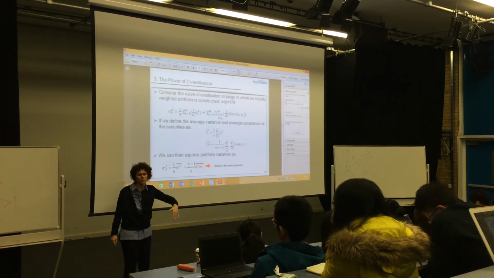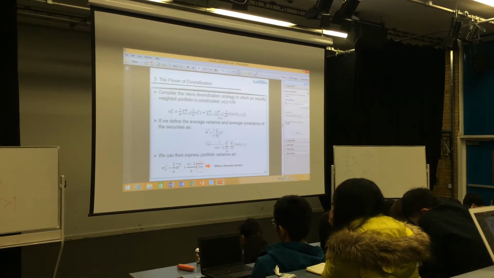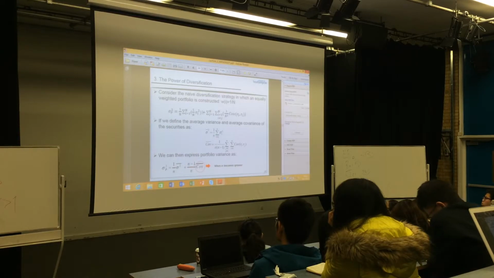Suppose we have a portfolio with N securities where I invest the same amount in each security. This is the variance of my portfolio that we saw before.